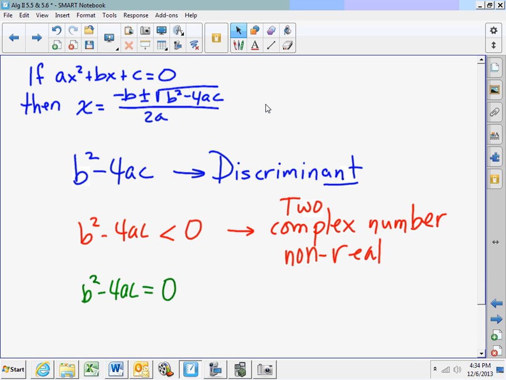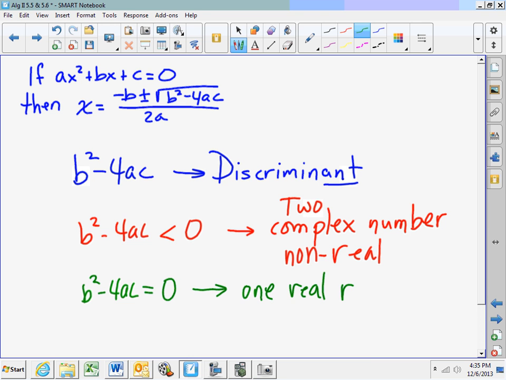And you're going to subtract 0 from negative b and then divide by 2a. And what will happen is you will get the same answer both ways. So ordinarily what we say is when b squared minus 4ac is 0, we get one real rational 0. Because you can take the square root of 0 and just get 0. You don't have a square root left.